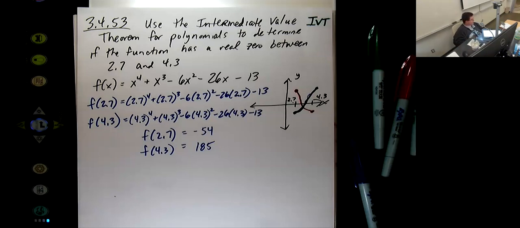Make sense? The name really isn't important here, as long as you understand the idea. If one of the values ends up being negative and the other ends up being positive, somewhere between them it's got to equal 0, because it's a connected line. The line's got to cross 0 somewhere. It can't just teleport over.